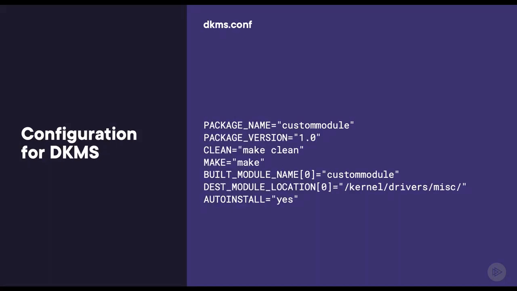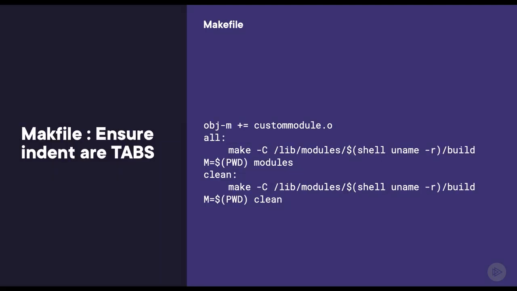We can create a configuration file for DKMS, and we can go through and create a Makefile. The Makefile we have to make sure is an uppercase M, and the indentation are tabs and not spaces. But again, all of these files are available to download through the course downloads.